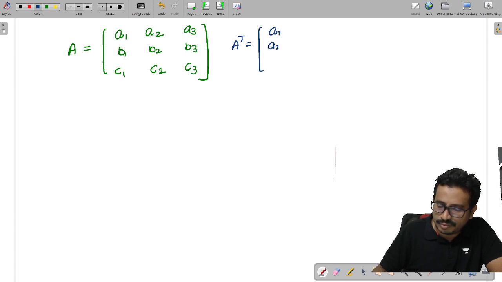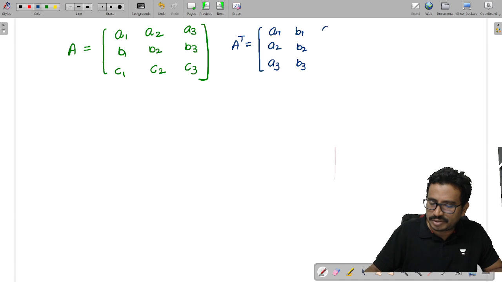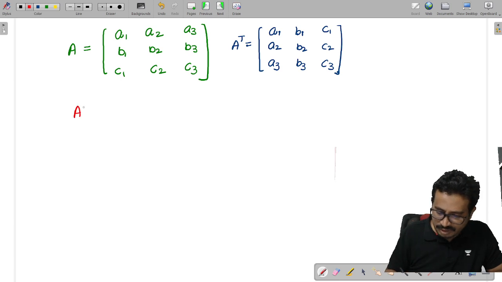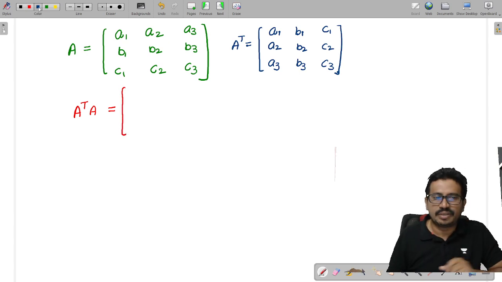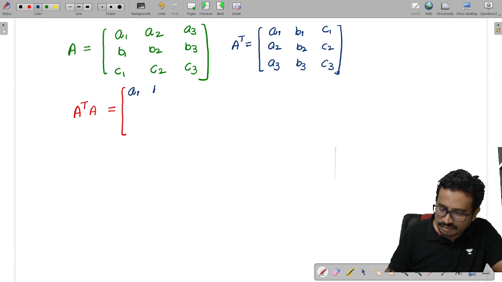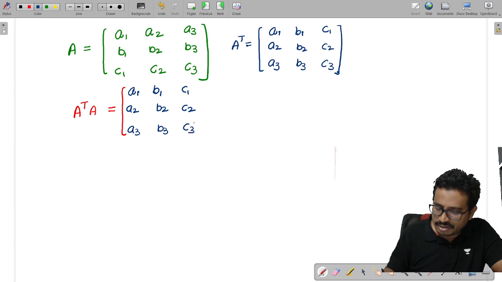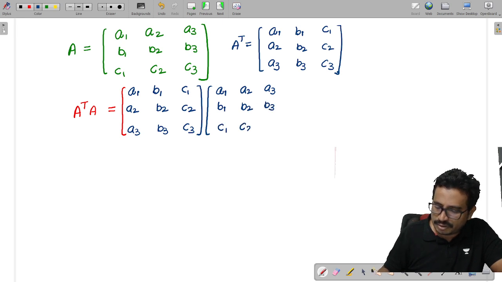Now I am finding A transpose into A. See what I will get here. A transpose is a1, b1, c1; a2, b2, c2; a3, b3, c3, multiplied by A, which is a1, a2, a3; b1, b2, b3; c1, c2, c3.